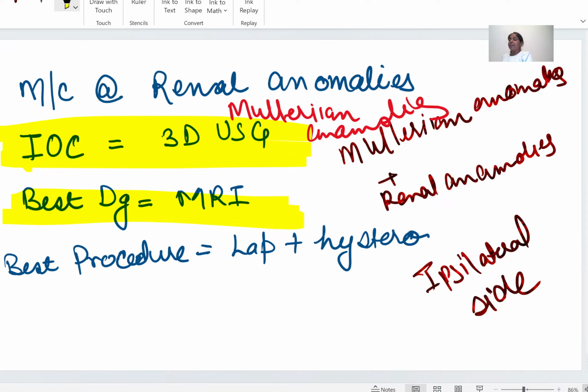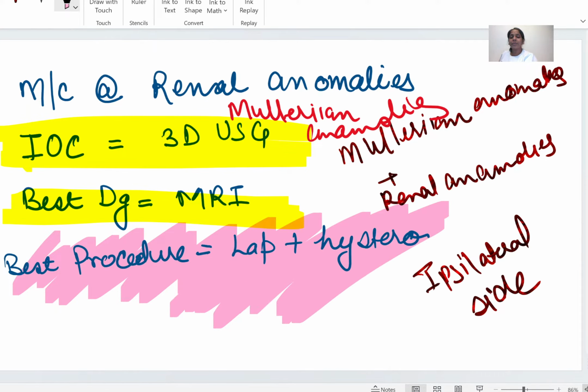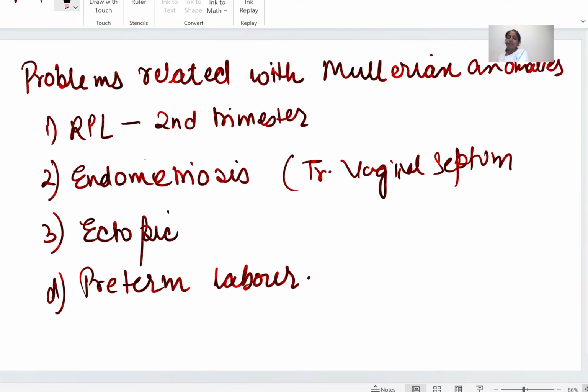And if they ask you the best procedure, as they are usually asking, the best procedure to diagnose is laparoscopy and hysteroscopy. Now see, what problems do patients suffer if they have a Mullerian anomaly? It is not necessary they will have them, but they can have recurrent pregnancy loss in the second trimester.